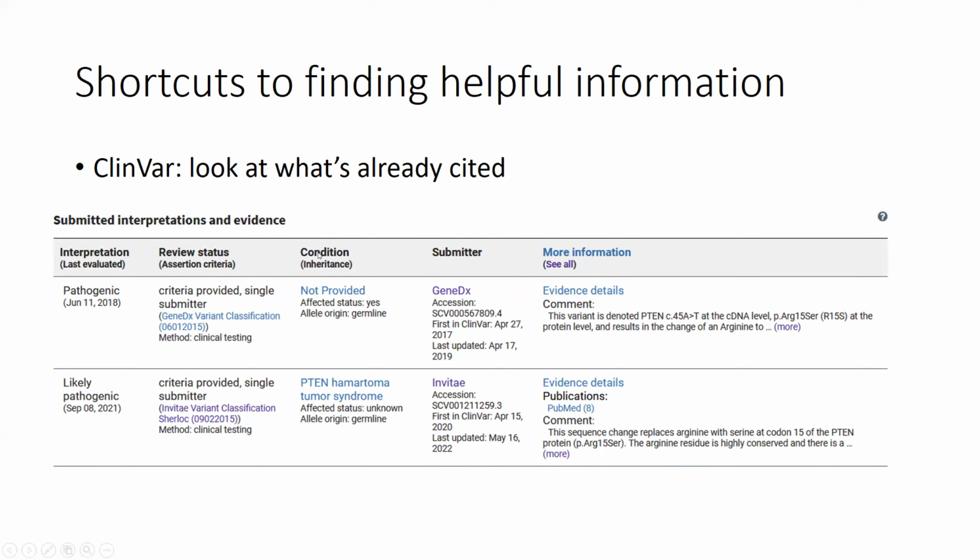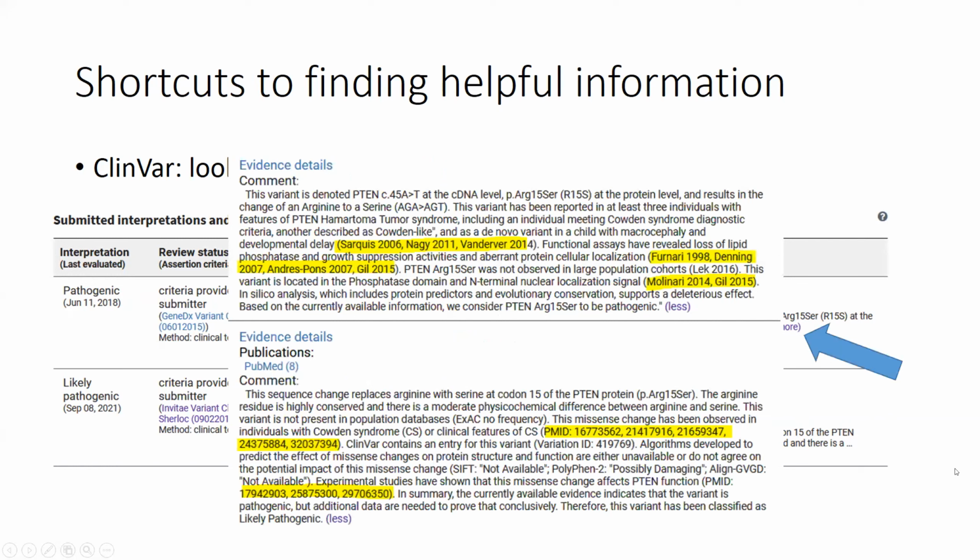So we're going to be looking at a P10 example because why not? And so this P10 variant, arginine 15 serine, is pathogenic, likely pathogenic per a couple submitters. And we click on the more link over here for both of them. We get the full evidence details, which for both of these summaries nicely describes the information and cites all of their sources, either by PubMed ID or per the author year information.